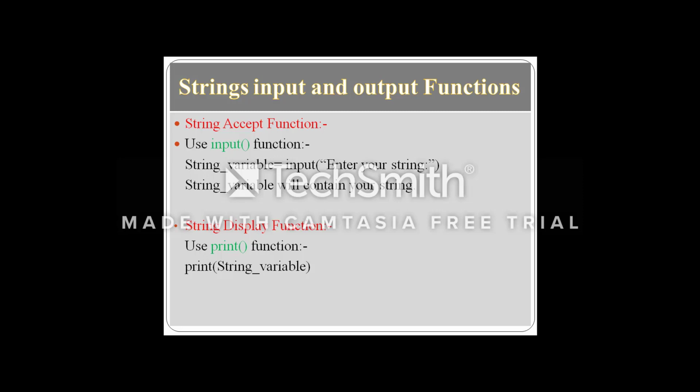Here, suppose string variable is a variable where you can take input from the user using the input function. Now, to display information stored in your variable, you require a display function. In Python, the print function is used as a display function.